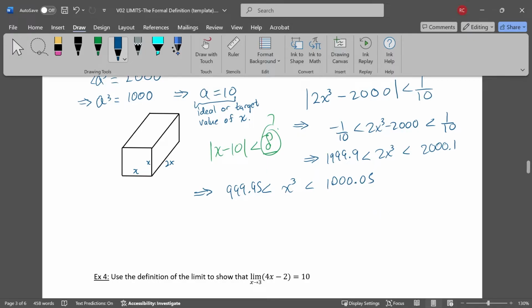Okay, now I'm going to solve this by taking the cubed root of each part of the inequality. So we get the cubed root of 999.95, I should say, is less than x, is less than the cubed root of 1,000.05.